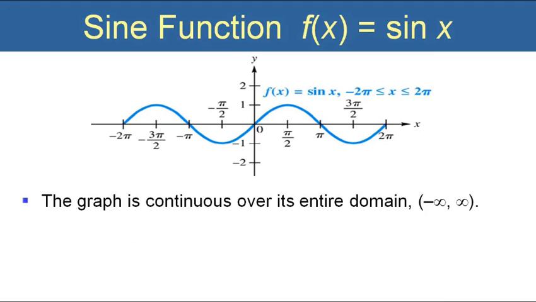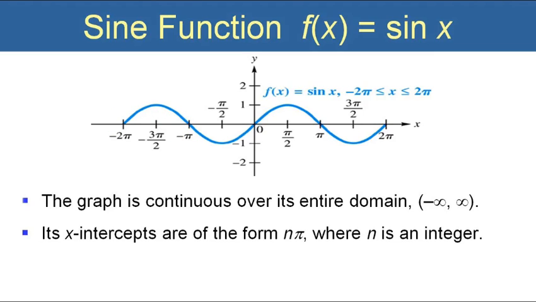There is never an angle that we can't plug in and get the sine for. Notice the x-intercepts will be 1 pi, 2 pi, 3 pi, negative 1 pi, negative 2 pi. So the x-intercepts are n pi, where n is any integer. And the period, of course, is 2 pi radians because we have one complete cycle from 0 to 2 pi radians.